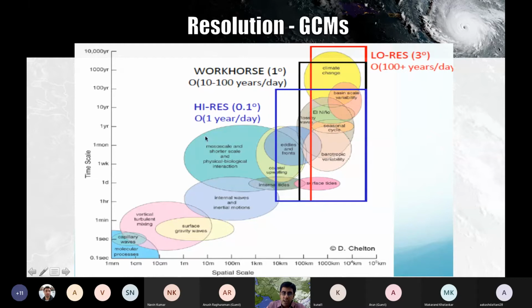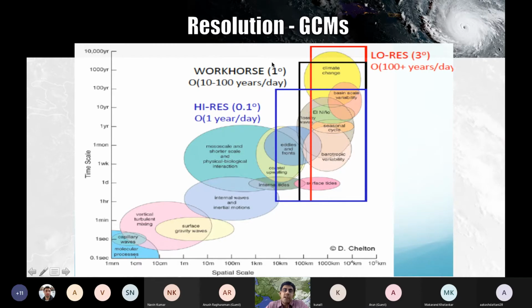So you cannot run a high resolution model, because as you increase the resolution, the model will take a longer time to complete the run and will not finish. That's why you have the workhorse model, where I don't want high resolution, because I'm only capturing these bigger El Nino, La Nina kind of processes.